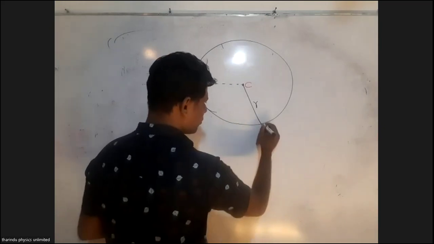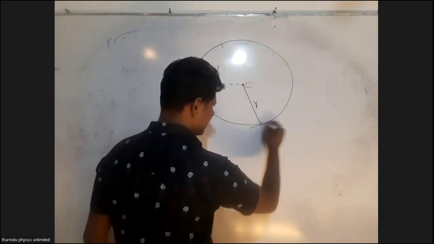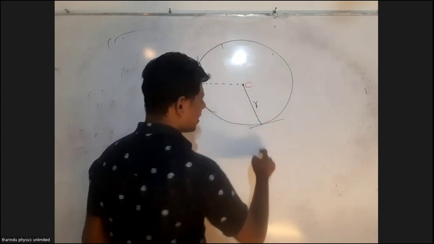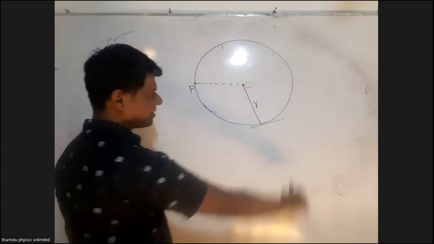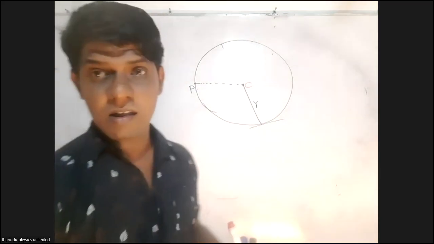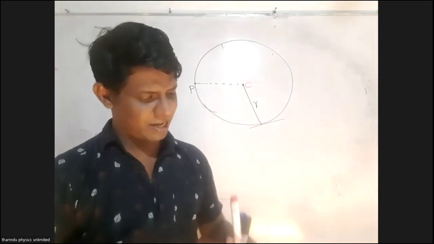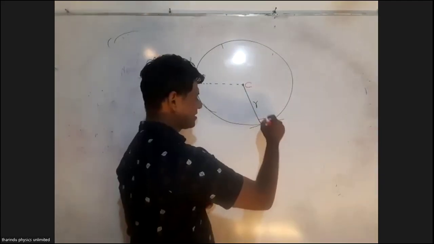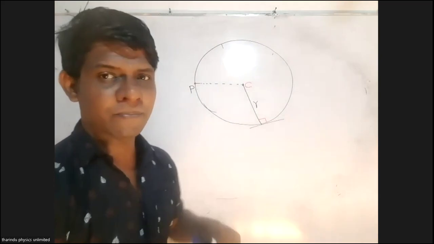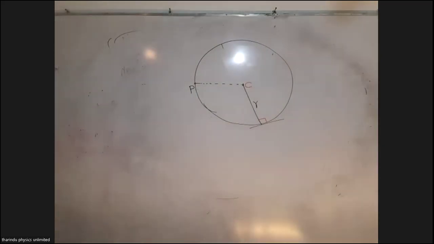Now, if I draw a tangent to this line, what is the angle it creates between this radius and the tangent line? It is 90 degrees. That means perpendicular, a right angle. Very good.